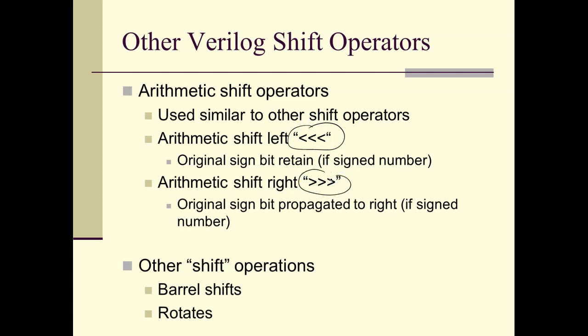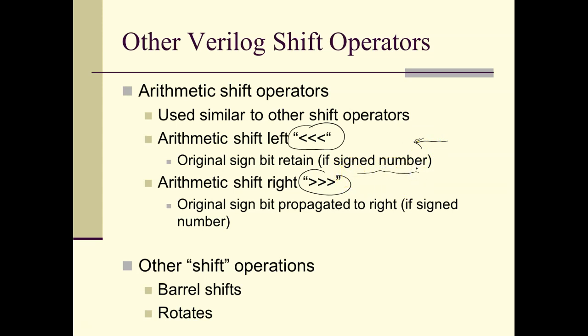Now these are a little bit tricky to work with, essentially because you have to declare the numbers signed in order for them to work as you would expect. Or you don't need to declare it signed, but you need to cast them as signed. For a shift left operator, shifting left in this direction, if it's a signed number, the sign bit is retained.